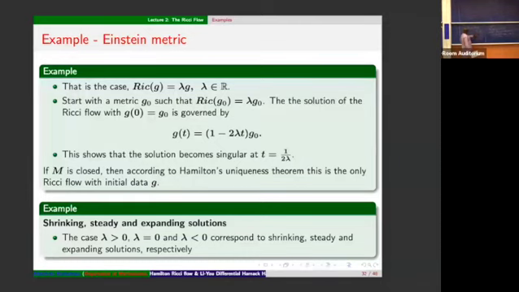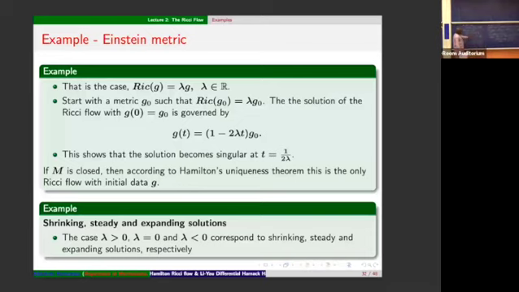And there are 3 possible cases: lambda positive, lambda negative, lambda 0. Lambda positive means you are talking about a manifold with positive Ricci curvature. Lambda negative means a manifold of negative Ricci curvature. And if lambda is 0, then you are talking about a manifold with a flat metric.